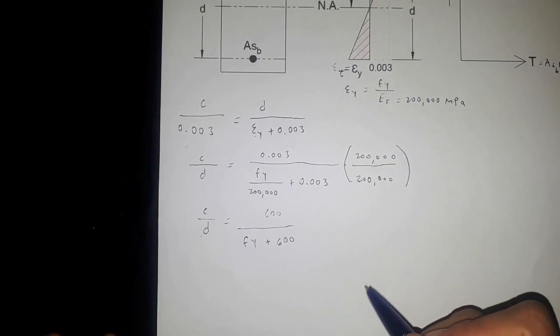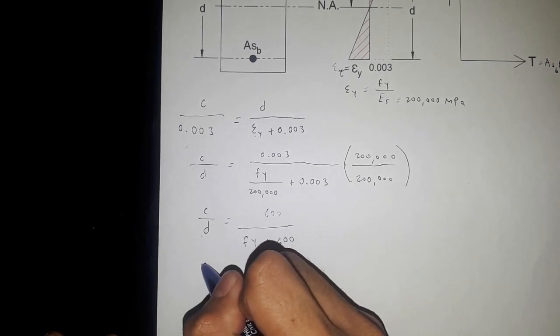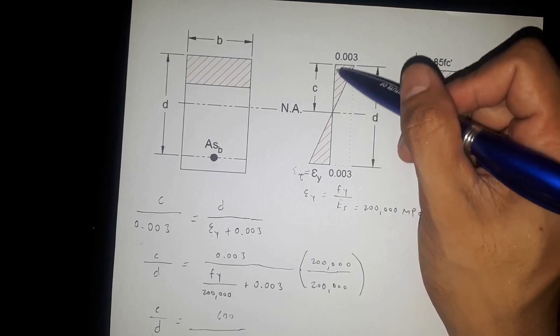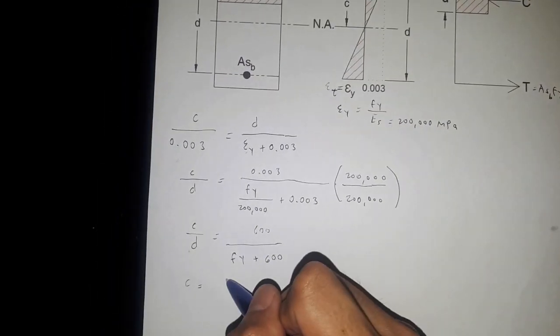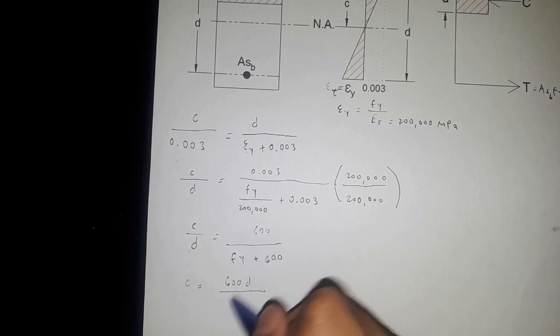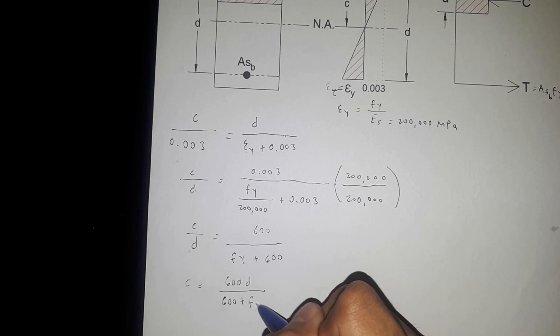So, cross-multiply natin yan. Yung C natin or yung depth ng neutral axis is equal to 600D over 600 plus Fy.